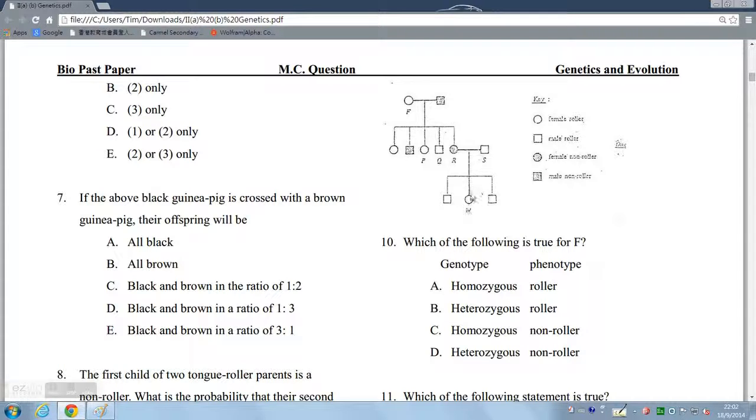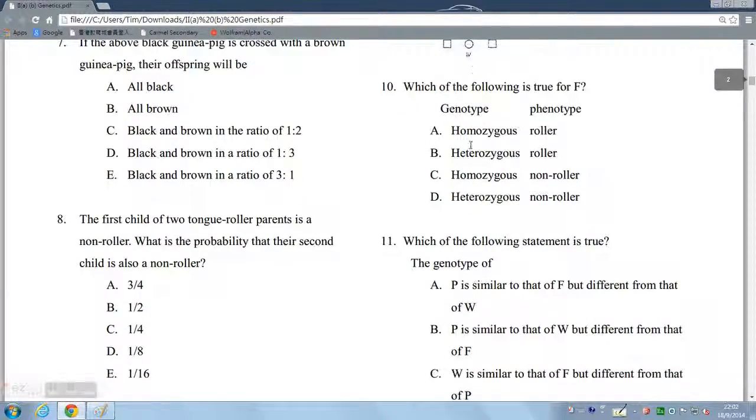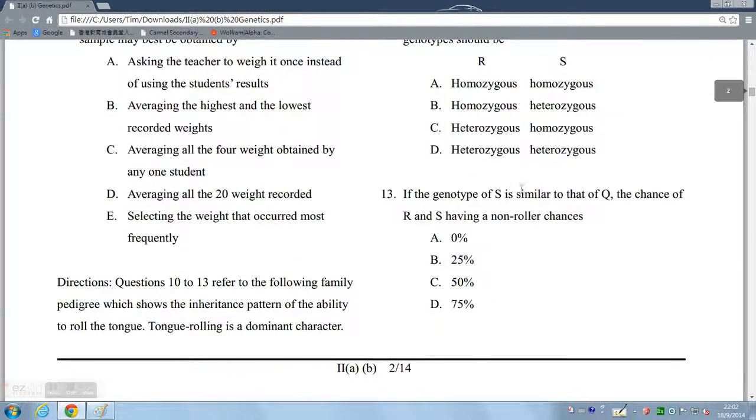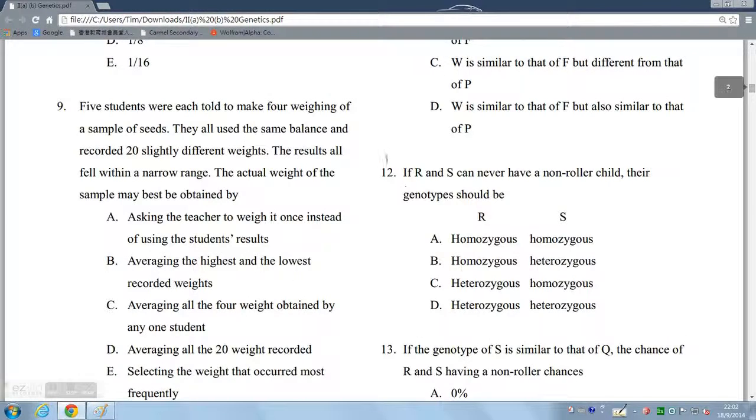And so this tells us that she has both a dominant and a recessive allele, and so W is heterozygous. And so this tells us that P, F, and W are all heterozygous, meaning that they are all similar in terms of genotype.